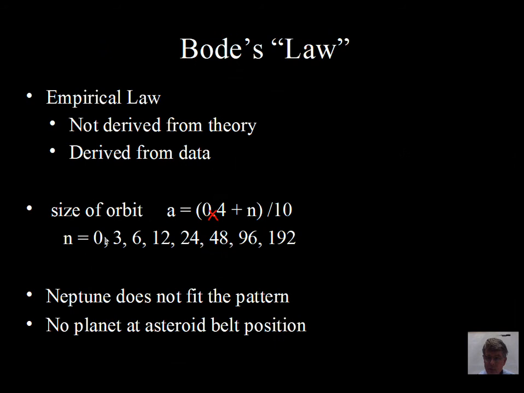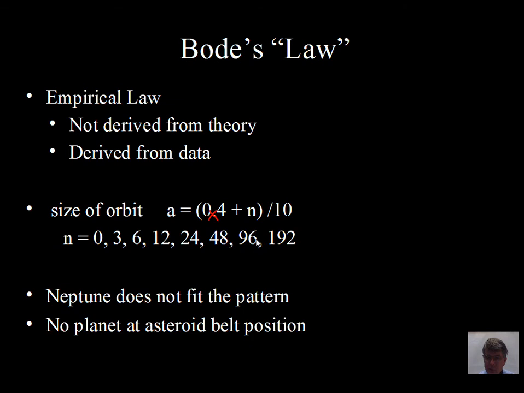So this continues through the solar system. It does predict a planet at the asteroid belt, so that's not correct. And it fails to predict correctly the position of Neptune, so that's not correct as well.